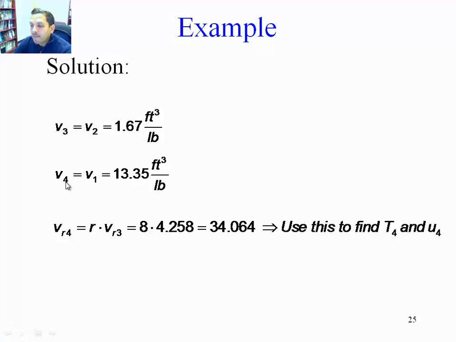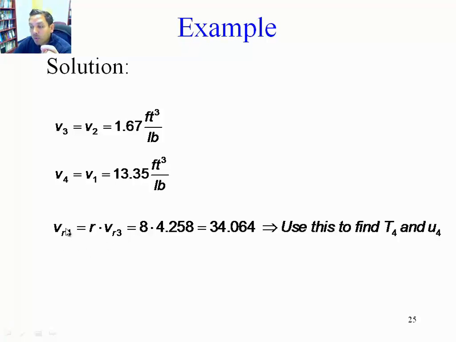Now, V4 over V3 is equal to 8. And therefore, VR4 over VR3 is also going to be equal to 8. So the relationship between VR4 and VR3 is through the compression ratio. We know VR3, we found it on the table, is 4.258. When we multiply that times 8, and it's only true because the process from 3 to 4 is isentropic.